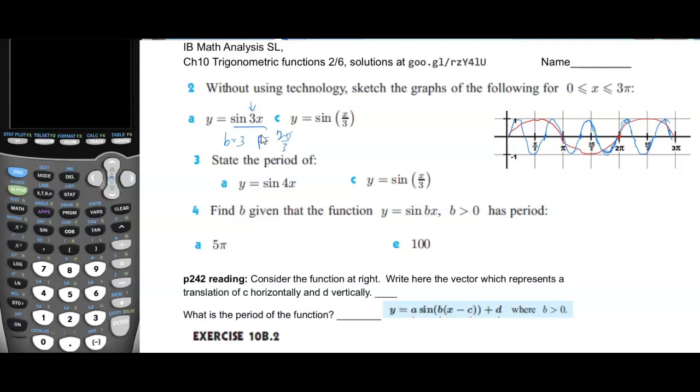Okay, then I'm going to do sine of x divided by 3. What does 1/3 do? 1/3 looks like it would make it smaller, but it's actually going to make it 3 times bigger. Okay, so what would be the period for b equals 1/3? Do you notice that this is bx, then b is 1/3, right?